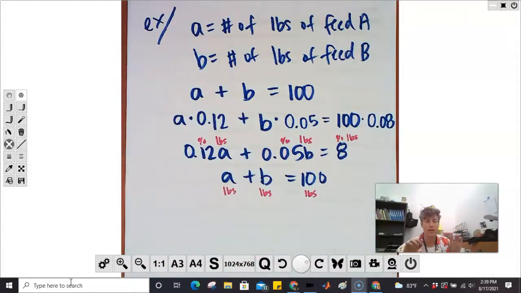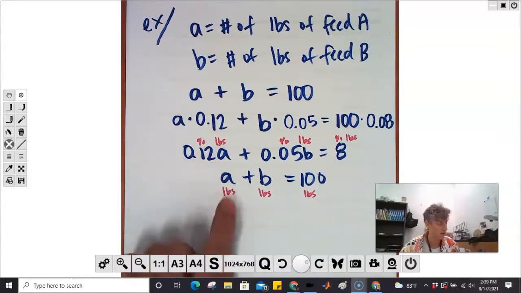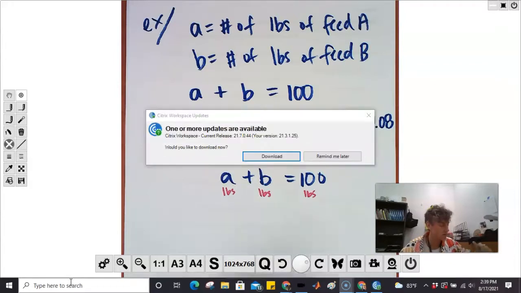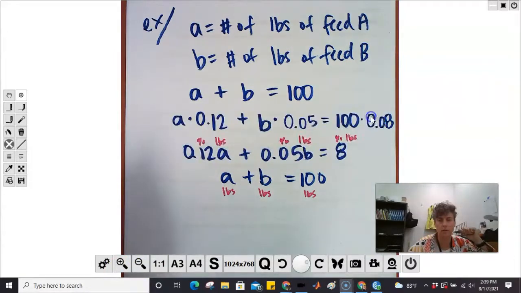Okay, now let's go ahead and solve this. We could use any method. Any method is totally fine. Let's do some substitution this time, because I don't use it very often.